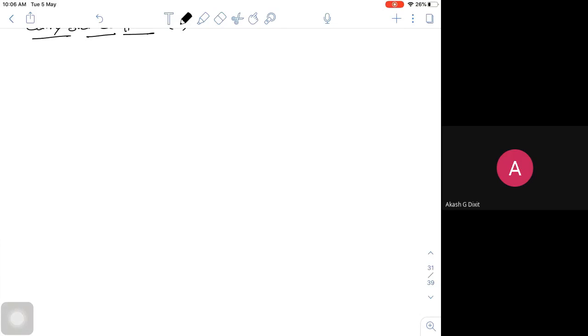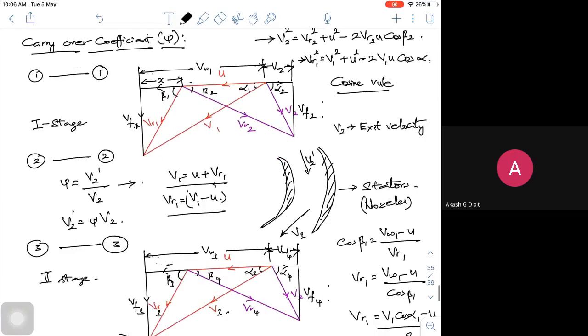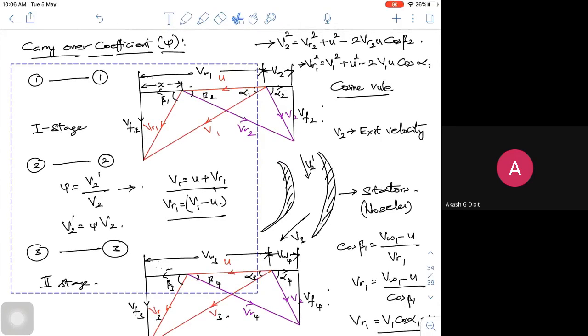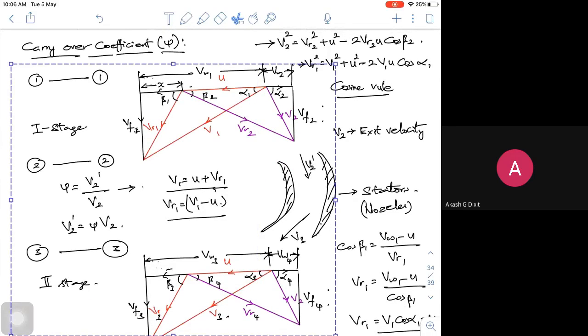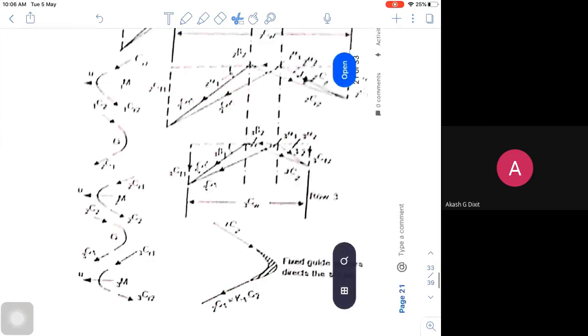Okay. So what will happen is, if I try to look into the velocity triangle of the next couple of stages, fine. If I look into that, what will happen?